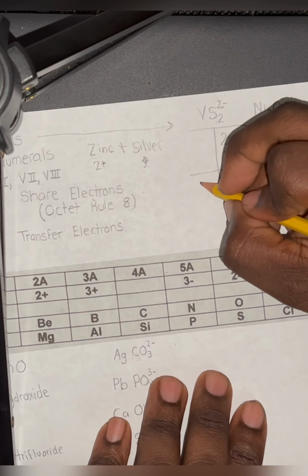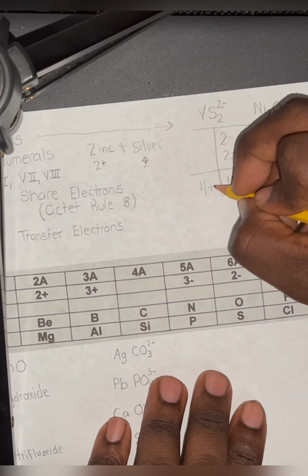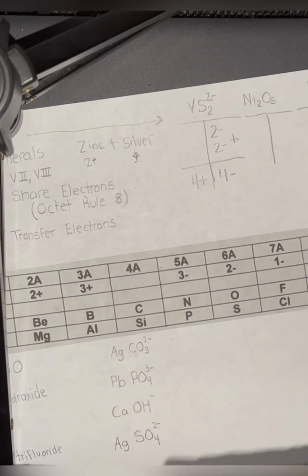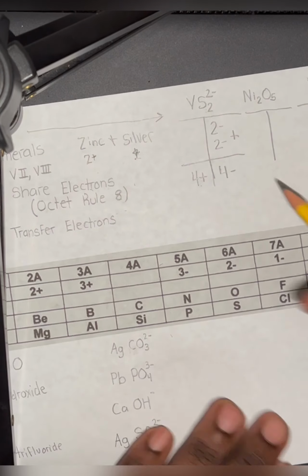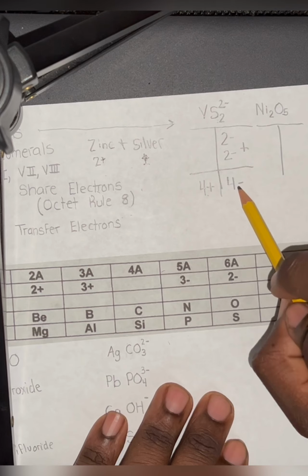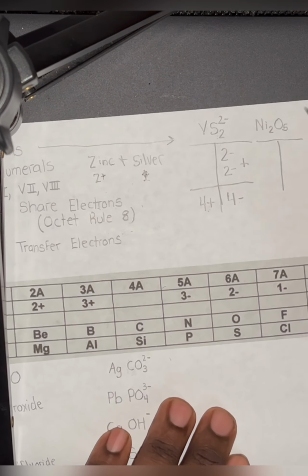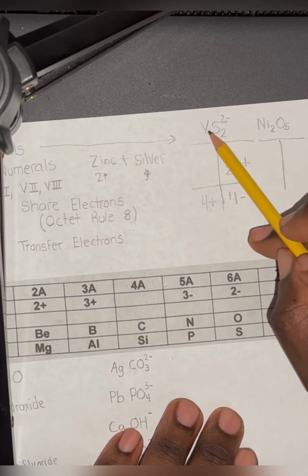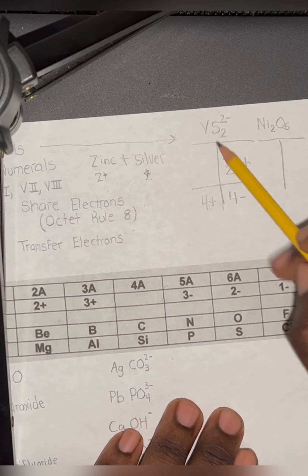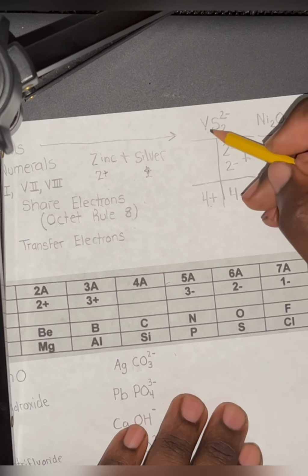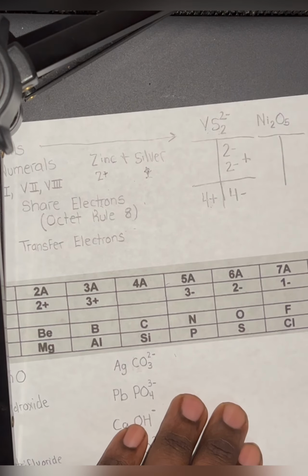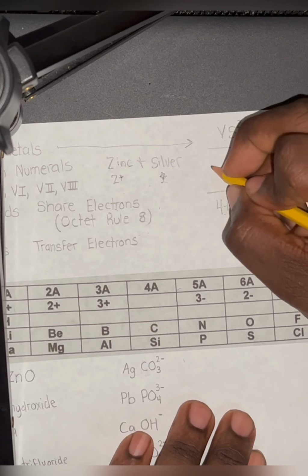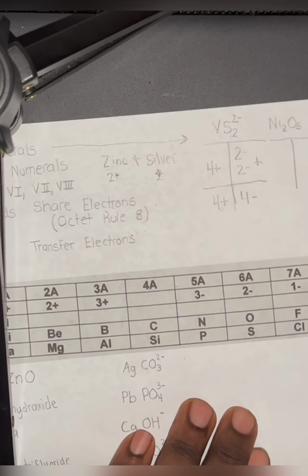That means on the left side has to be a 4+, because we have to remember, in order to balance out the formula, they have to be 0. So 4- and 4+ to get 0, that means this vanadium has to have a charge of 4+. It's only one vanadium, so only one number can give me 4+, and that'll be 4+.